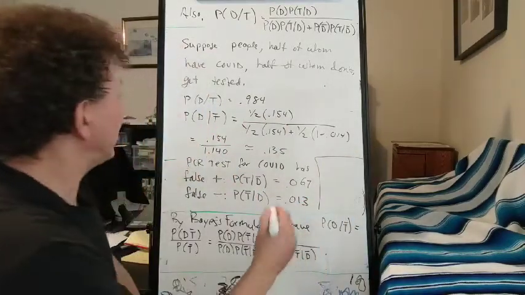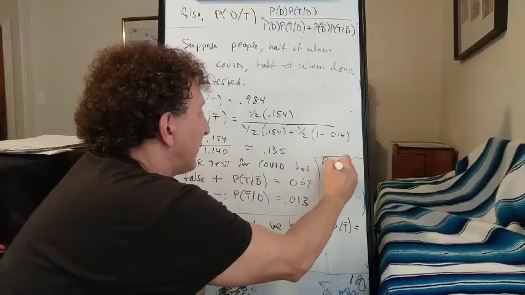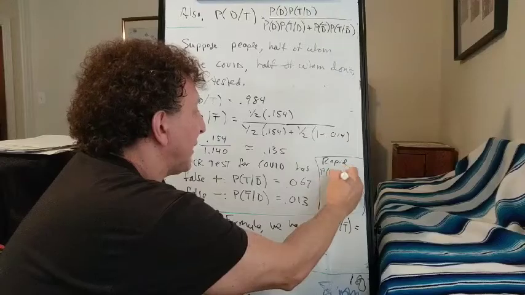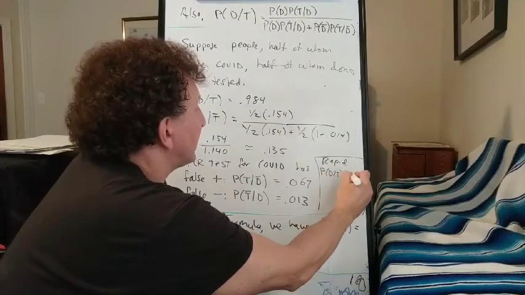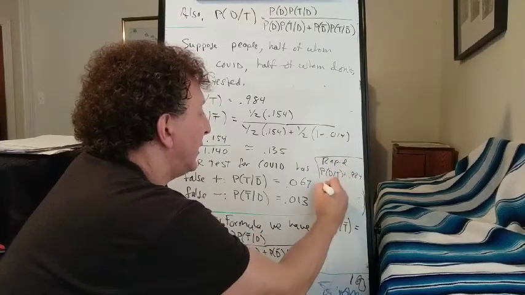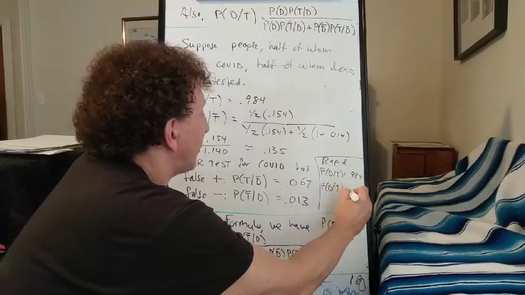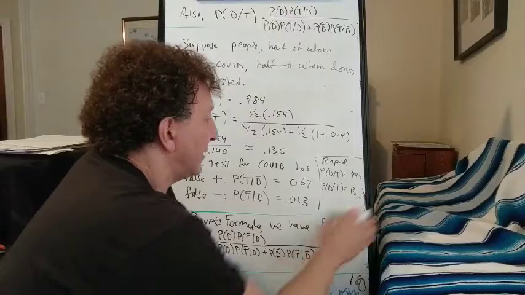Maybe I'll save the numbers here. So for the rapid test, we had probability of having the disease given a positive test is 0.984. Probability of having the disease given a negative test is 0.135.